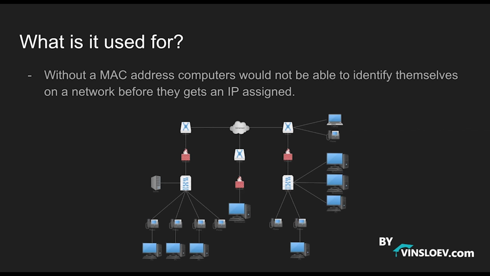So in order to get an IP, your device will most likely ask your router or DHCP for an IP, and then it will reply with an IP that is free on this network, and then your computer will simply say, fine, I will take this IP, and then the DHCP will note that. But in order for that communication to happen, the router and device need to understand who each other are, so they will use the MAC addresses. So until the IP is defined, it is the MAC address that is used to communicate between them.